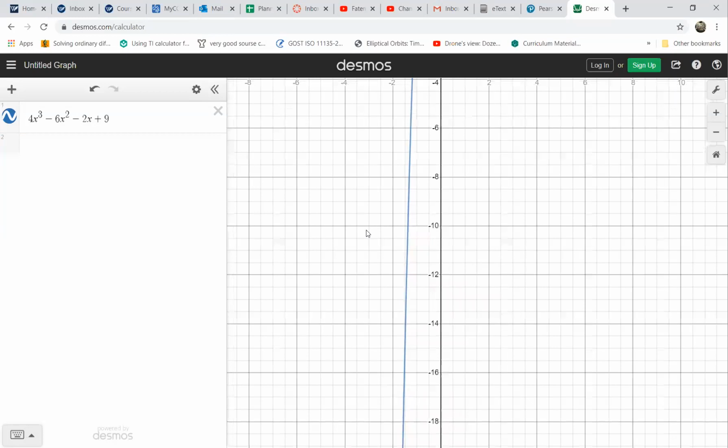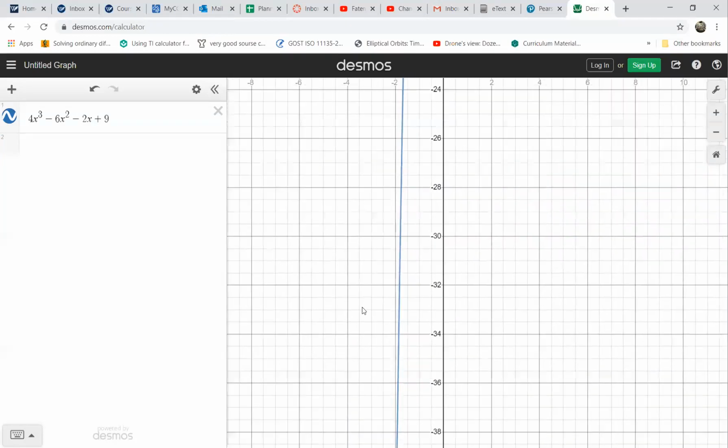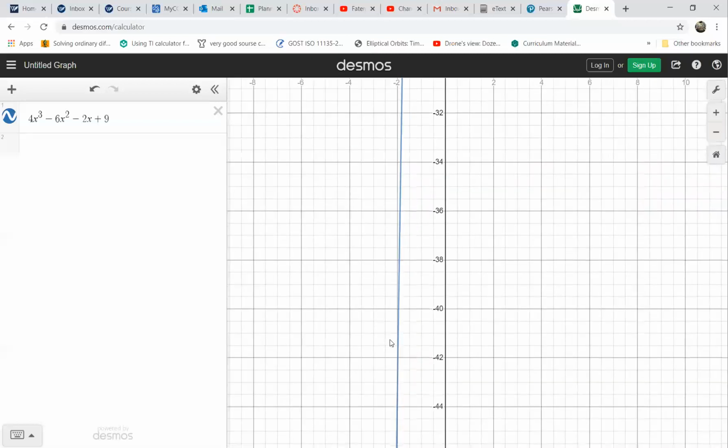Let us go further down to find the y value. Very well. Minus 2 and negative 43. This is a point on the graph of your polynomial function.